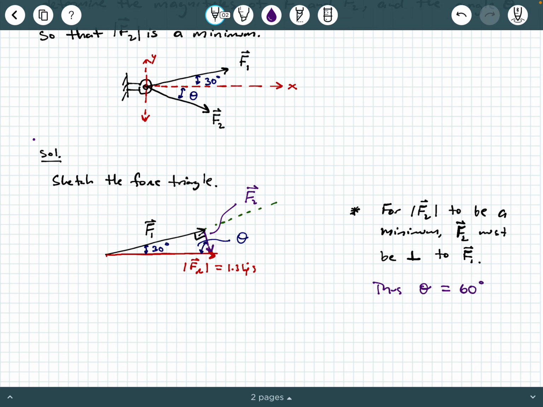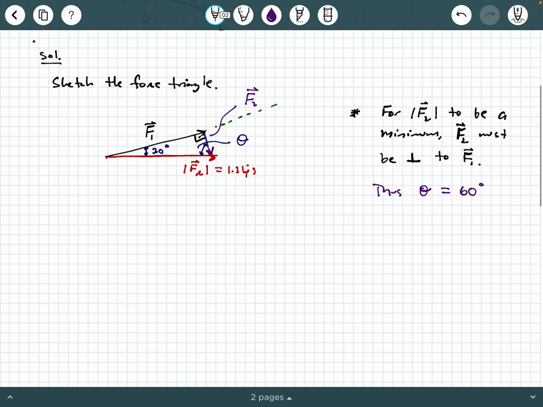How do I know that? Well, this is 90 degrees, this is 30 degrees, and so the remaining third angle has to be 60 degrees, okay? Now, knowing that, what can I do? I can now use either right triangle trigonometry or the law of sines to compute my unknowns, okay?